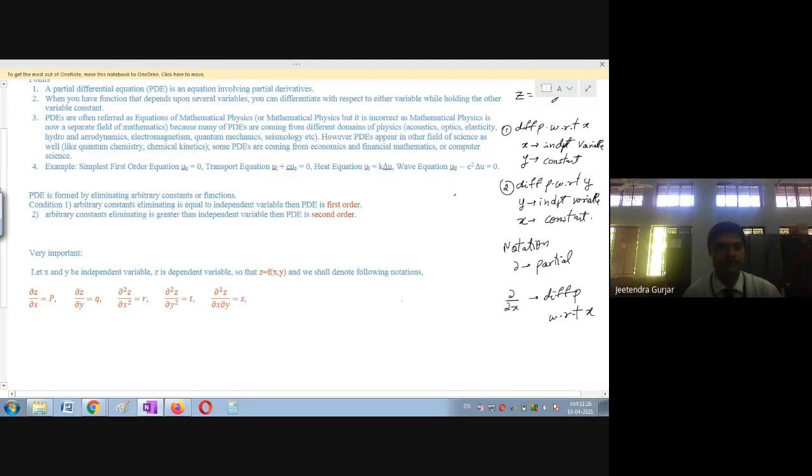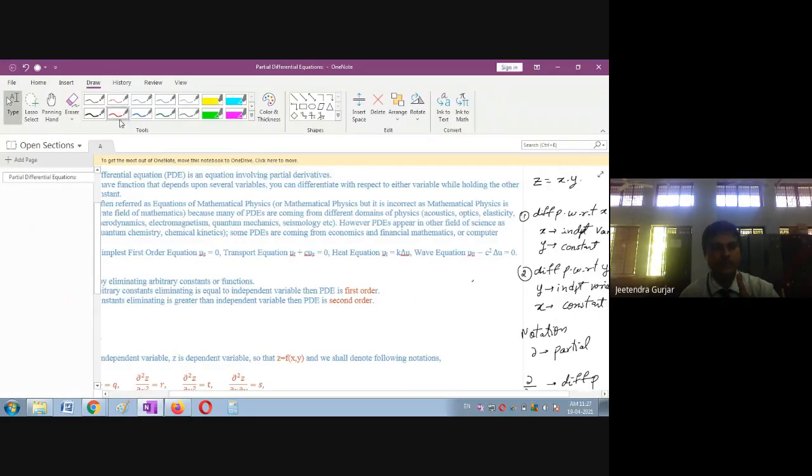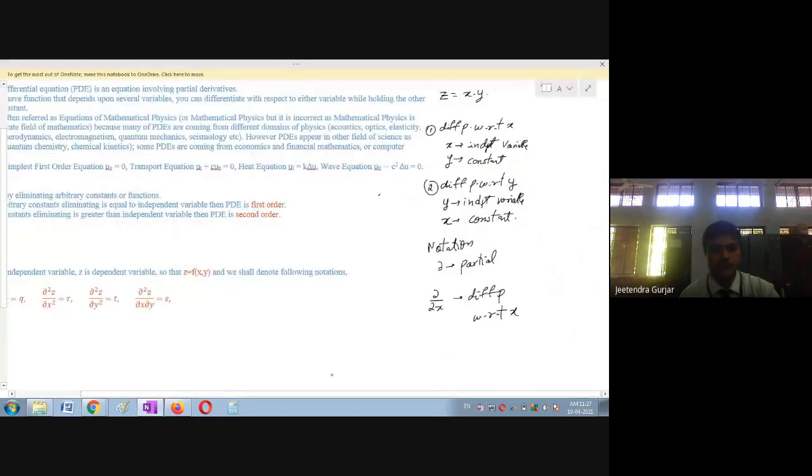It's quite easy. First, we take dou z upon dou x is equal to p, dou z upon dou y is equal to q, dou square z upon dou x square is equal to r, dou square z upon dou y square is equal to t, and dou square z upon dou x dou y is equal to s. Please remember this, friends, as we are going to use these formulas in our examples.